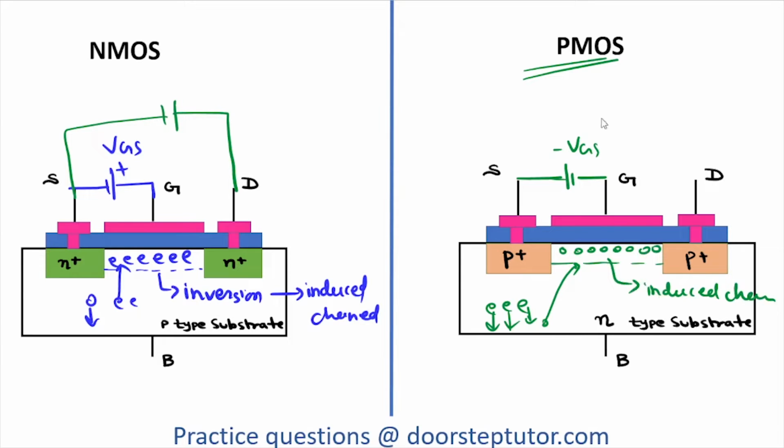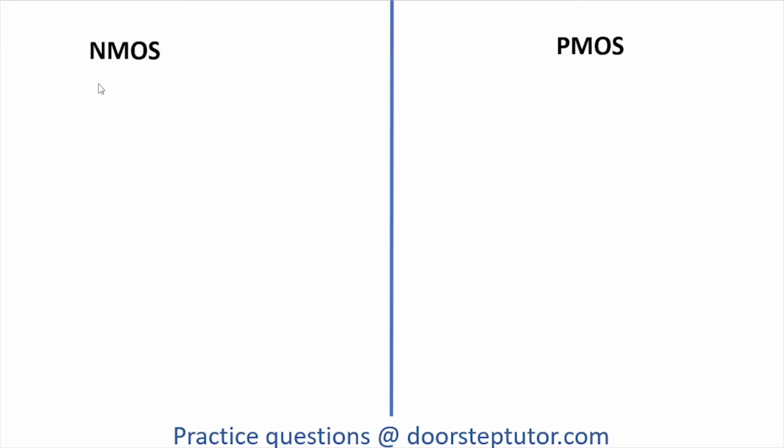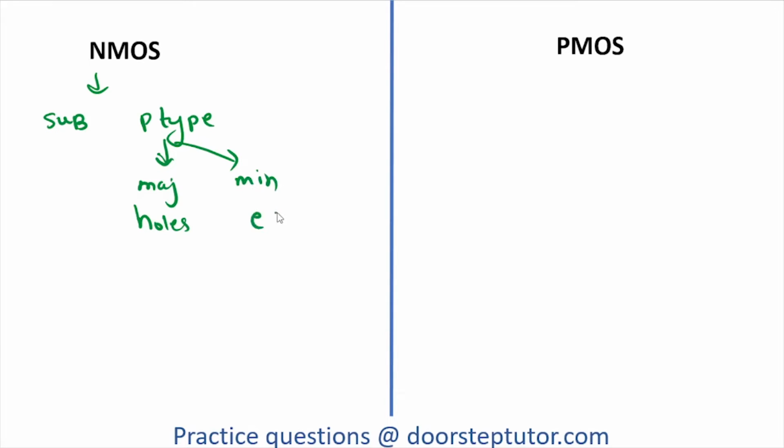So if we apply some negative VDS to the PMOS, that will make the current to flow, that is because of this induced channel. So what we have seen till now in NMOS, the substrate is P-type which has majority as holes and minority of electrons.